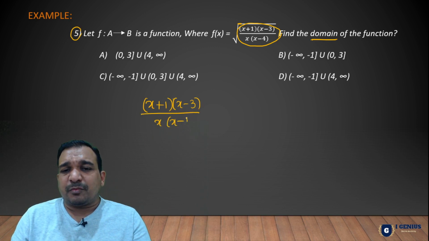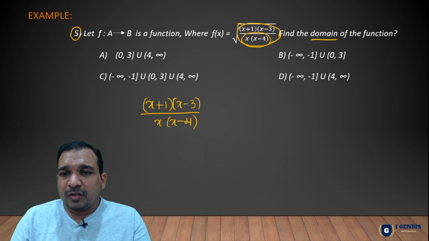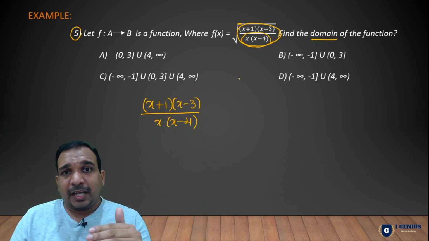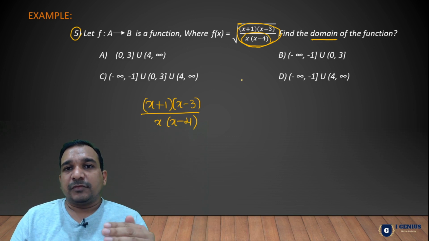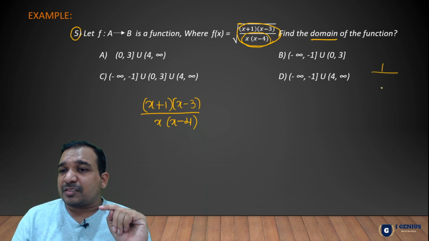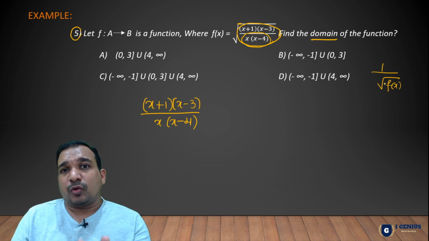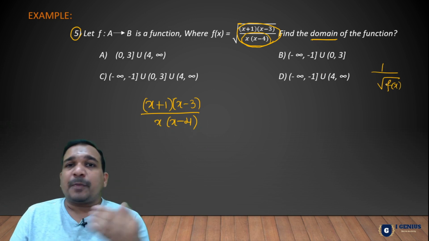You can have some doubt, sir. This x into x minus 4 is in the denominator, no? Then you said the denominator must be strictly greater than 0. Okay. But if only the denominator has the square root, like 1 by square root of f of x, then we take the denominator separately.